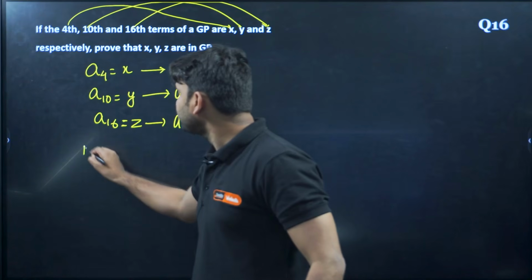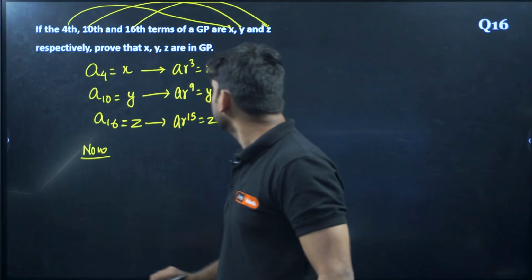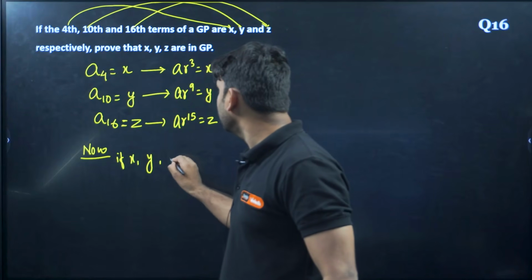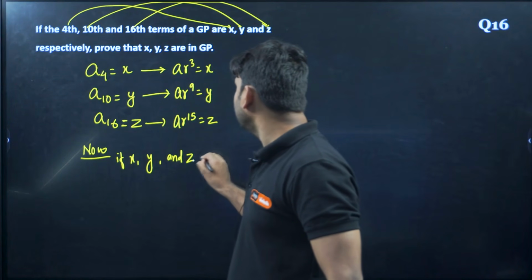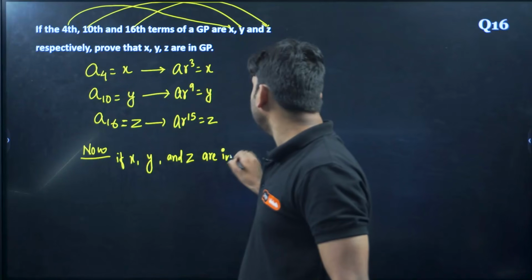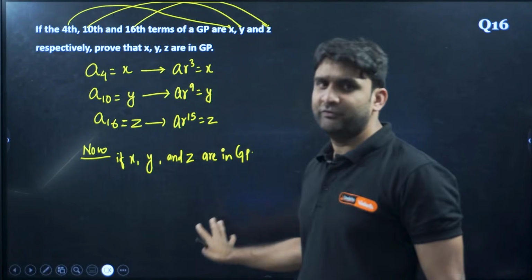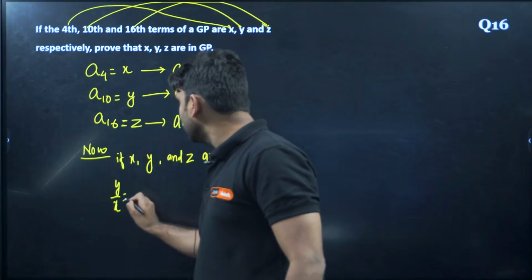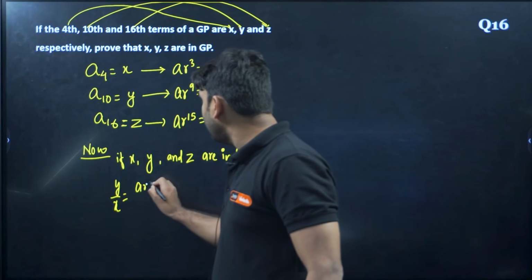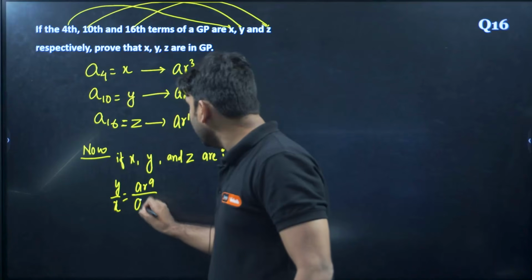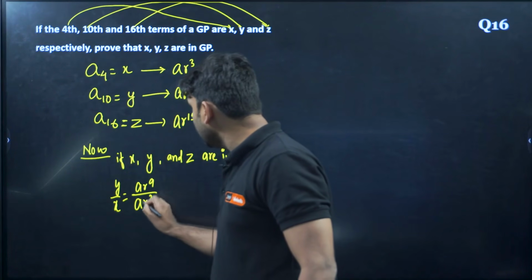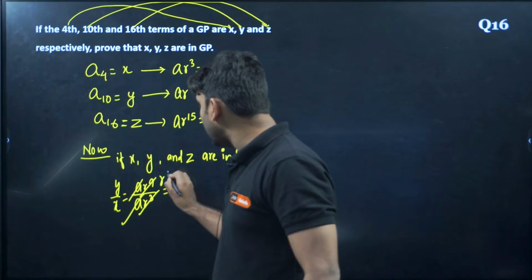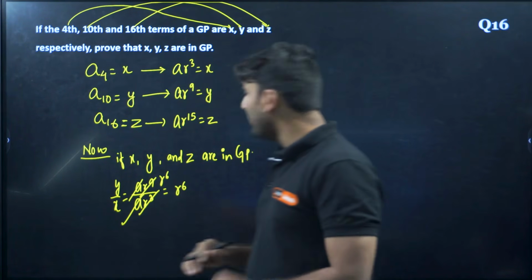So now, let's find out the ratios. So if X, Y and Z are in what? GP. By the way, we have to prove it. Okay, so let's find out Y by X. Y by X, where is Y? AR^9 divided by AR^3, A and A cancelled, R^9 by R^3 will be R^6.